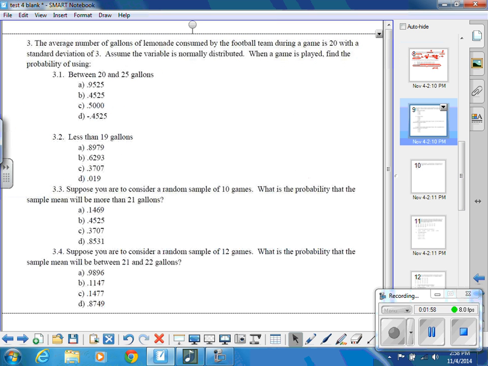It says here, the average number of gallons consumed by the football team is 20, x bar, with a standard deviation of 3, sigma. Assume it's normally distributed. When a game is played, find the probability of between 20 and 25 gallons. So again, they don't give us a sample size, but they tell us it's distributed normally. So between 20 and 25, I need to find both. So 20 minus 20, because that is the mean, all over 3.